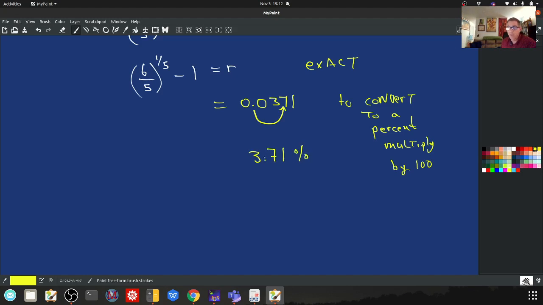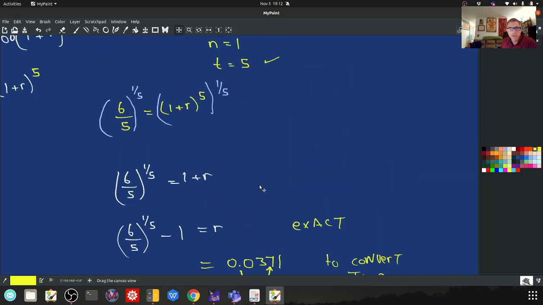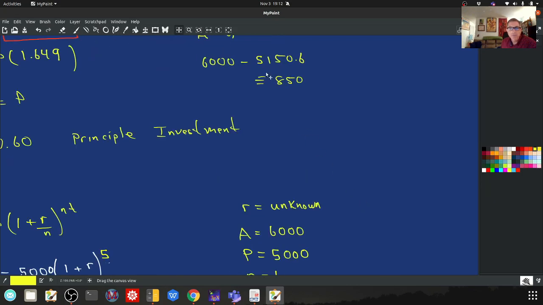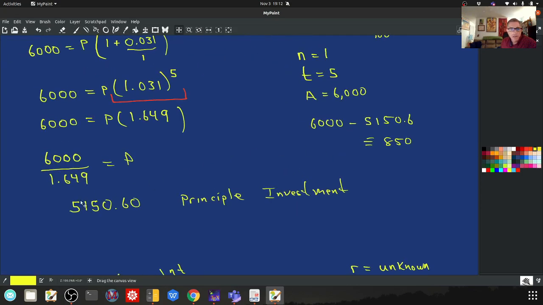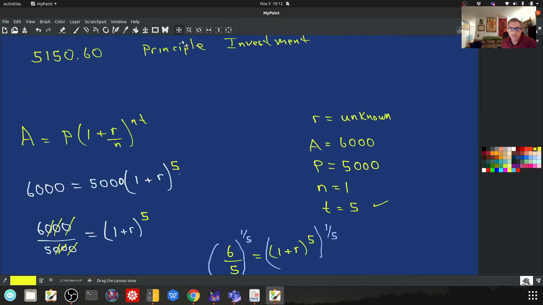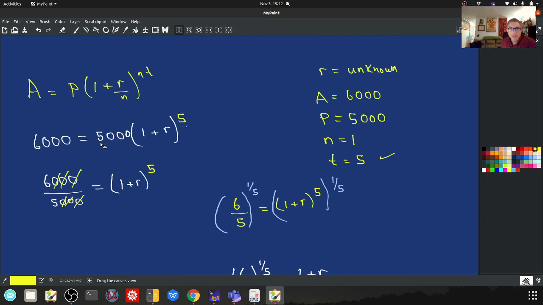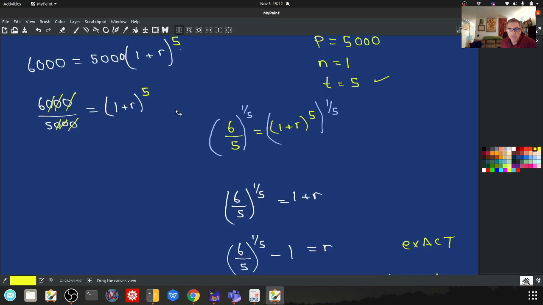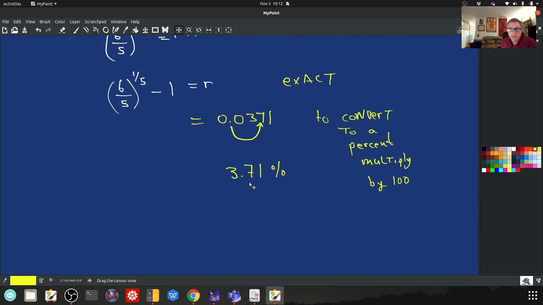And that makes sense. If you think about what we just did, that makes a lot of sense, because at 3.1%, we had to invest $5,150.60. If I can only invest $5,000 and I want the same amount, then the interest rate changes and it has to go up, and it does.